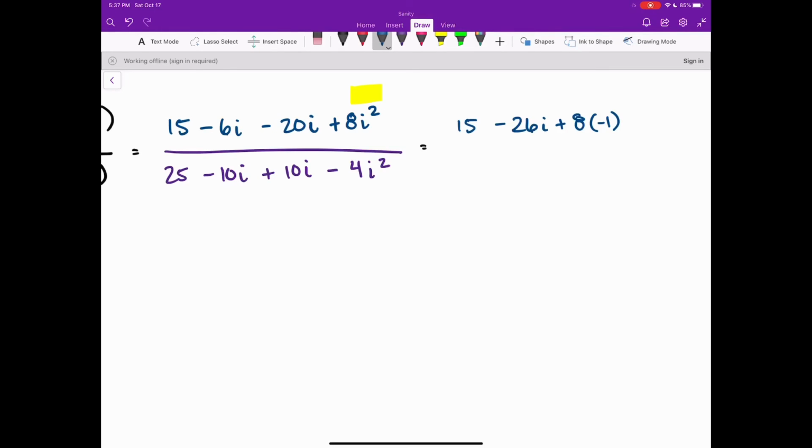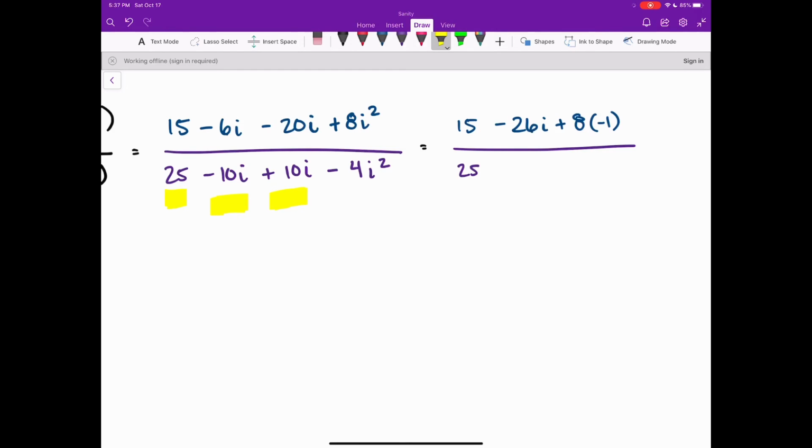All right. Again, let's look at the bottom here. And I'm going to try and highlight things as we go. So the 25 doesn't have any buddies to be with, so just 25. But take a look. When we multiplied by the complex conjugate of that original denominator, now we've got 10i and negative 10i, or negative 10i and positive 10i.